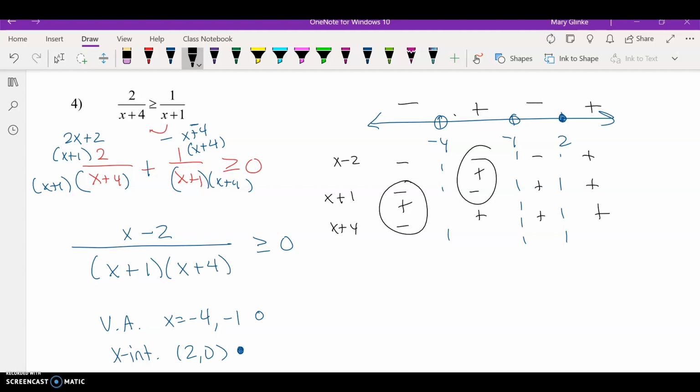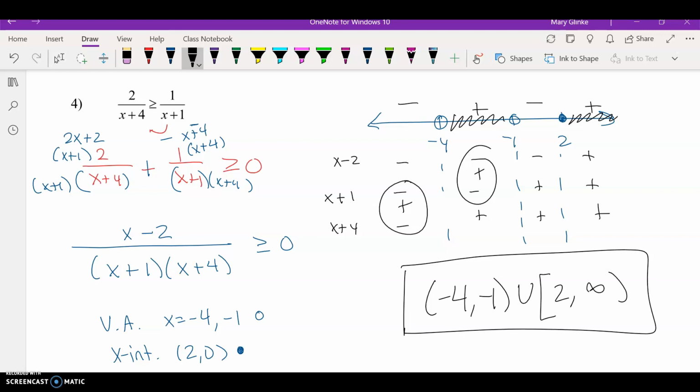So then we want all of our positive values, or anything greater than 0. So it's -4 to -1, and then 2 to positive infinity. So compare it to 0, combine your numerators, identify your critical values, and then do your sign analysis.